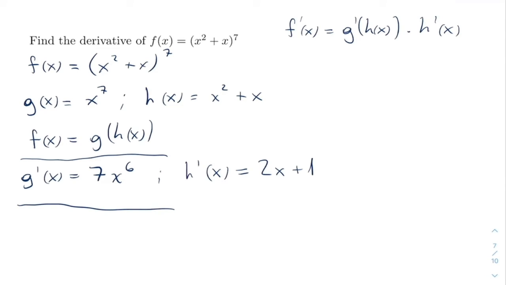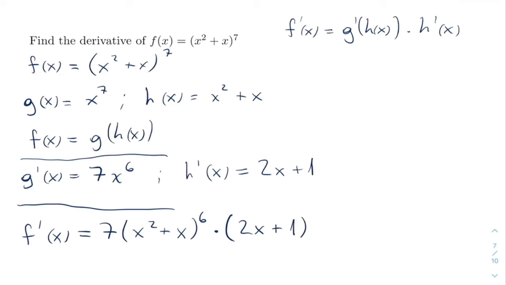And now finally, we put all the pieces together given by the chain rule. The first one will be g prime evaluated at h, which is 7 times x squared plus x to the 6, multiplied by the derivative of h, which in this case is 2x plus 1.